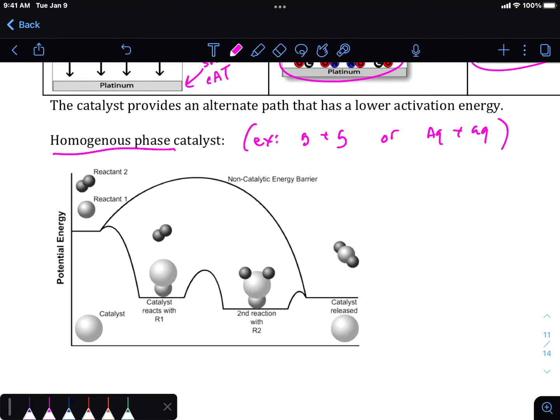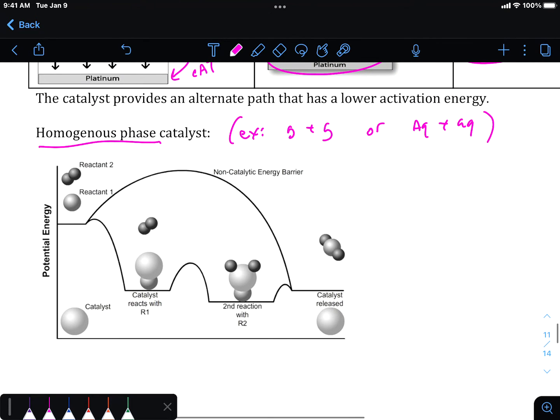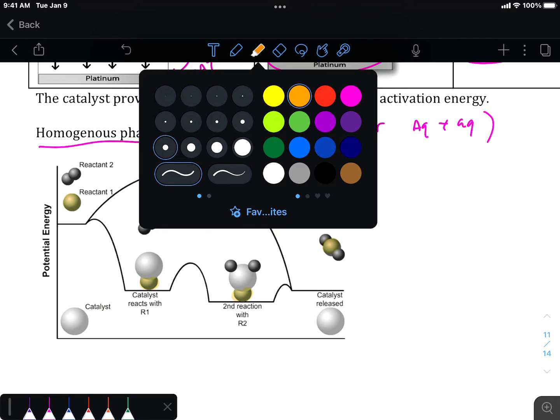So if we look at this energy diagram, our reactant, and let's color code this to make this easier to see. We'll make reactant 1 this orangey color. Okay, we'll make the other reactant red.